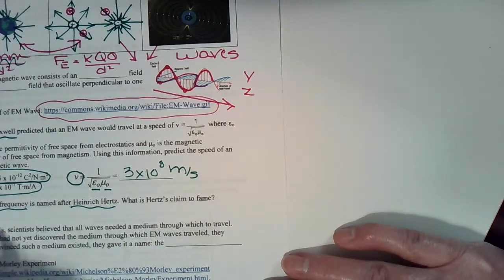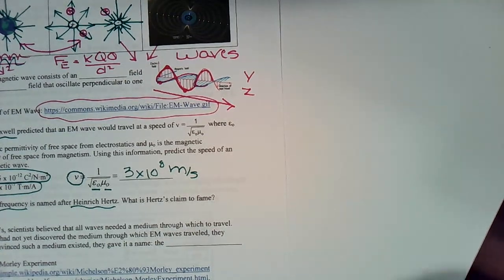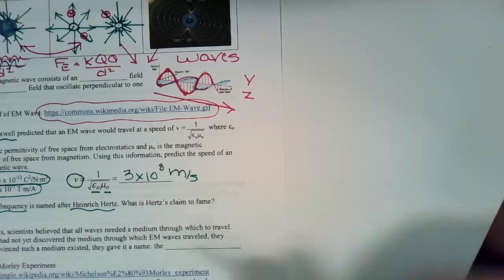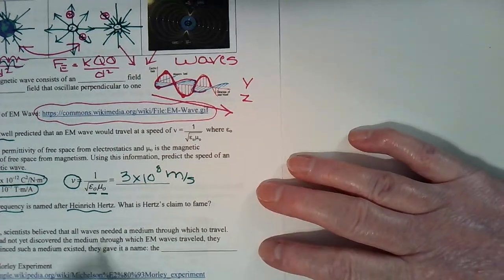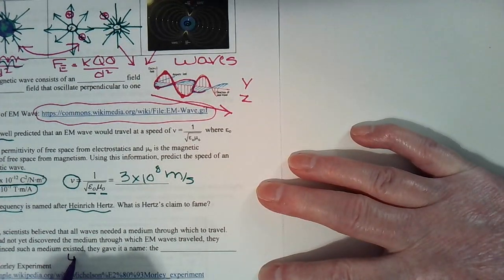So now it's the late 1800s, and we now are talking about waves traveling through space. So, for example, people knew that if I wanted to have a water wave, I'm going to need some water.